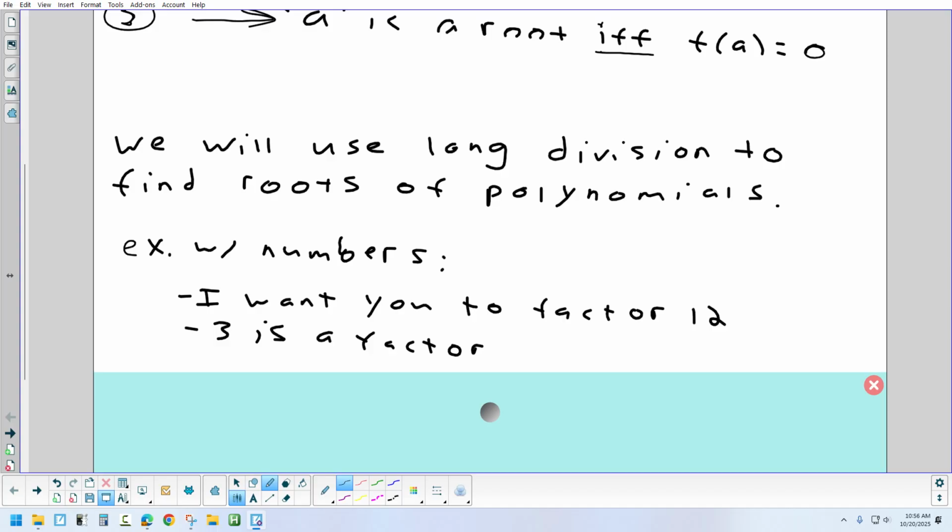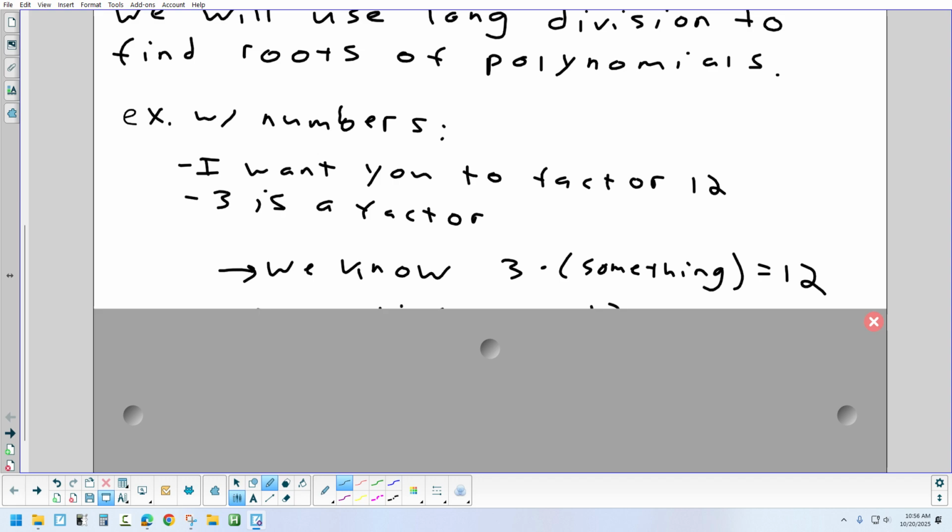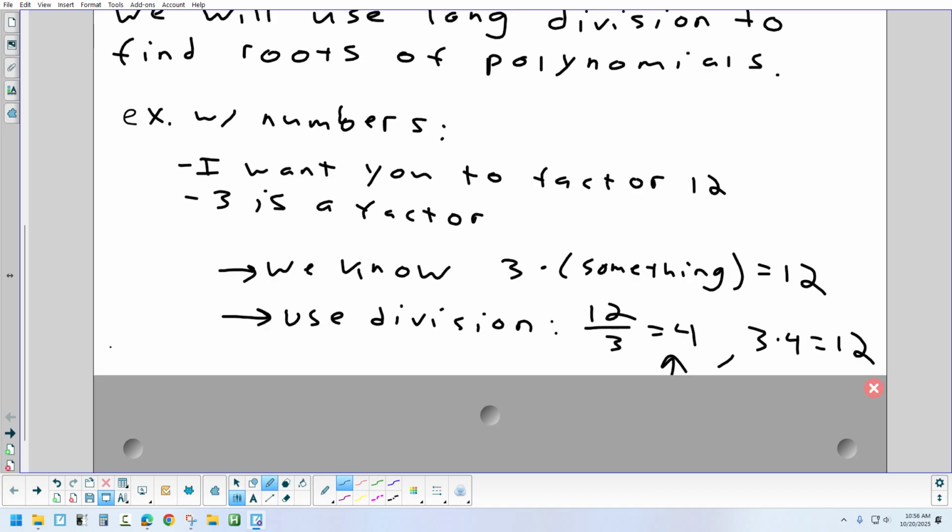If you know 3 is a factor of 12, how could you find the other factor? Right. If 3 is a factor, then that means 3 times something would give you 12. Well, to solve for the something, divide each side by 3, and you get 4. That's the other factor.